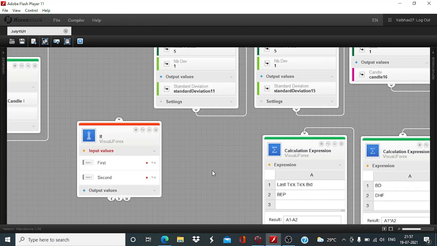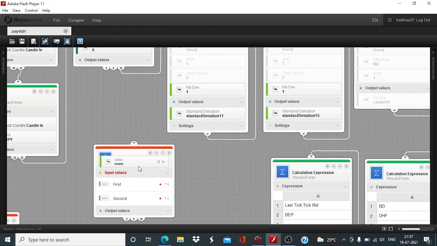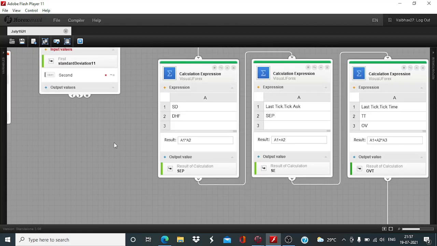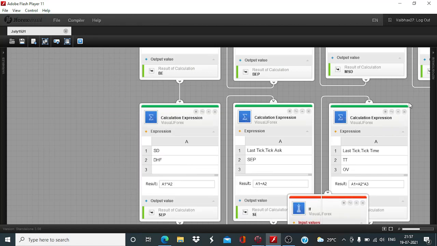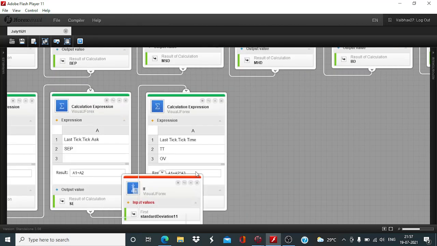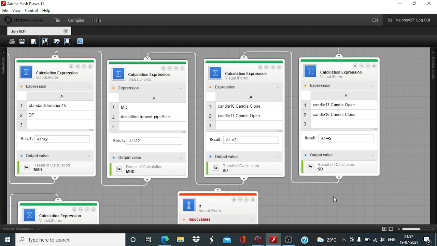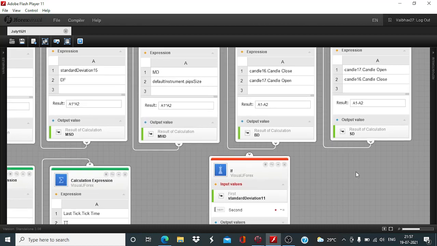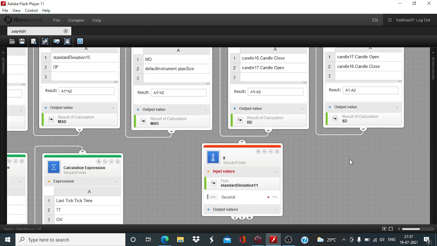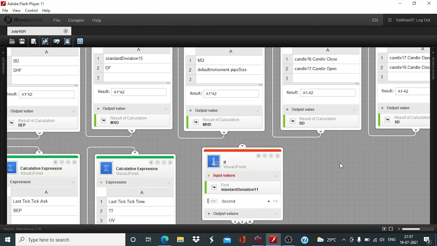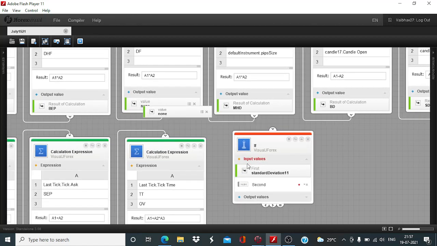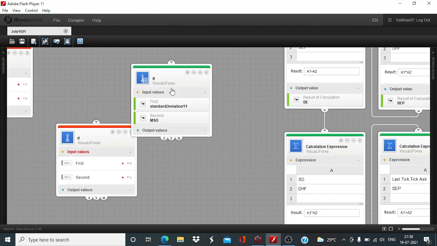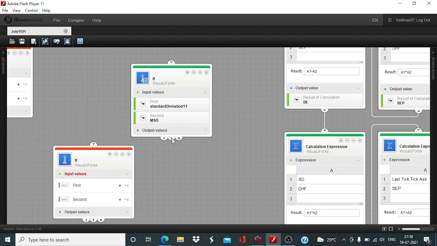So this value, the last hour standard deviation output, should be more than twice of the prior hour's standard deviation output. Here it is. First input greater than second input.